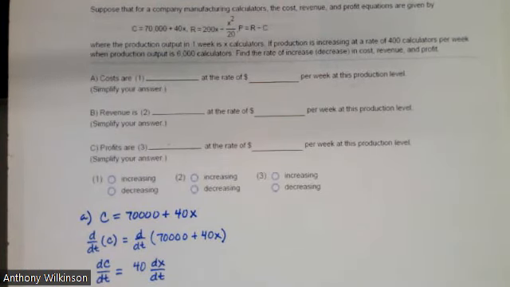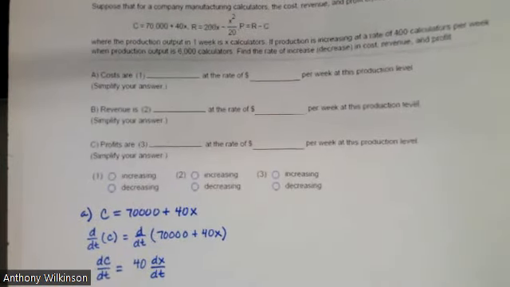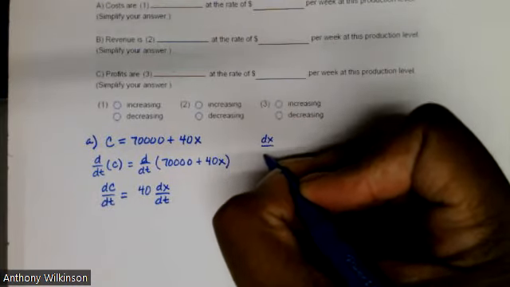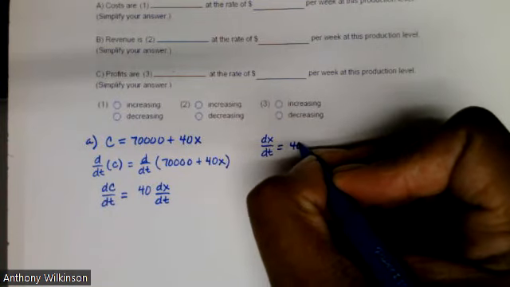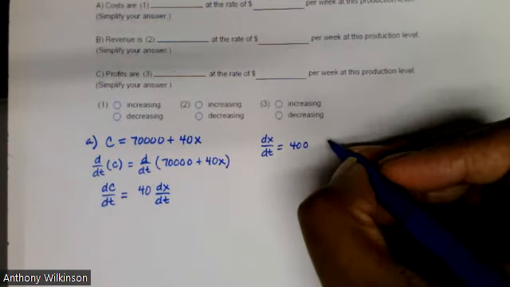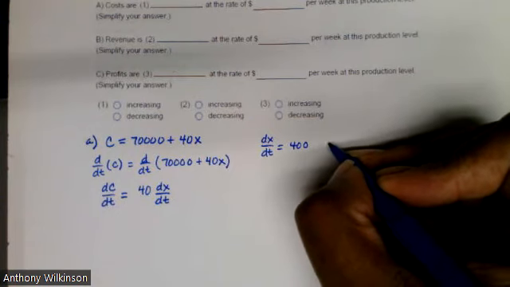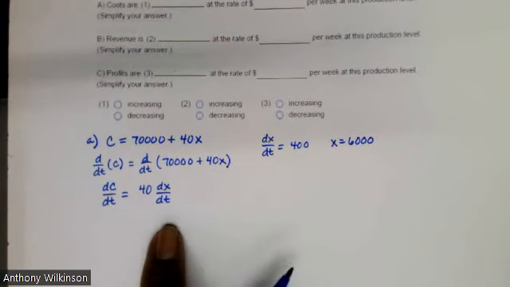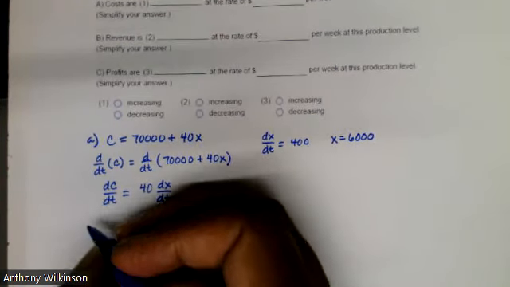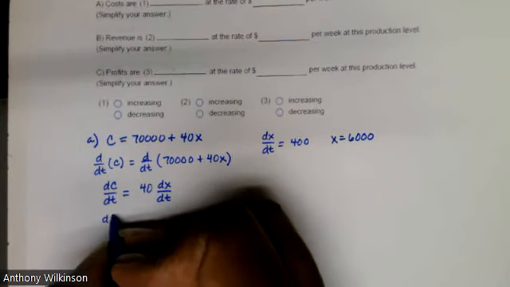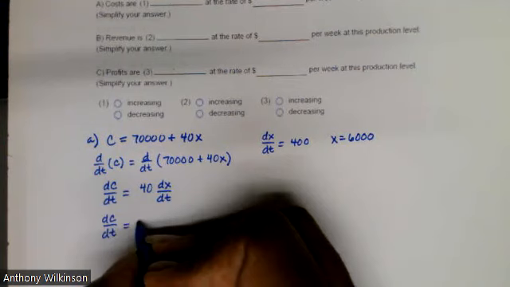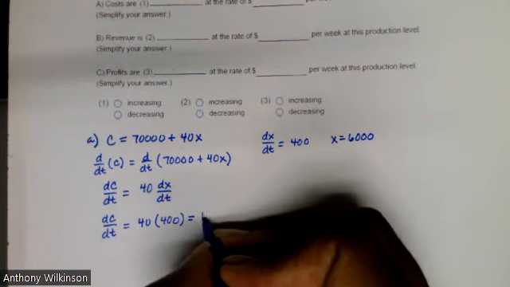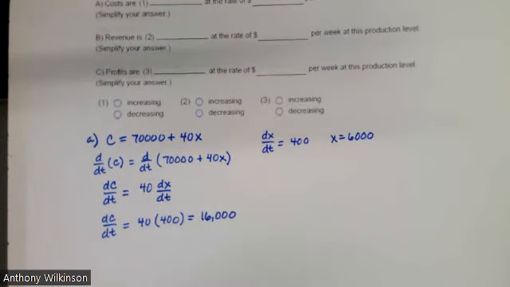Now you're told that the production is increasing at a rate of 400 calculators per week. So in this case here, dx dt is 400. And the production output is 6,000 calculators. So X is 6,000. So let's substitute dx dt with that 400. So dC dt is equal to 40 times 400, which equals 16,000.